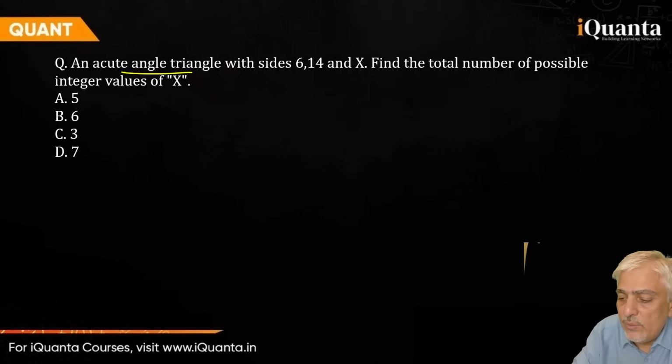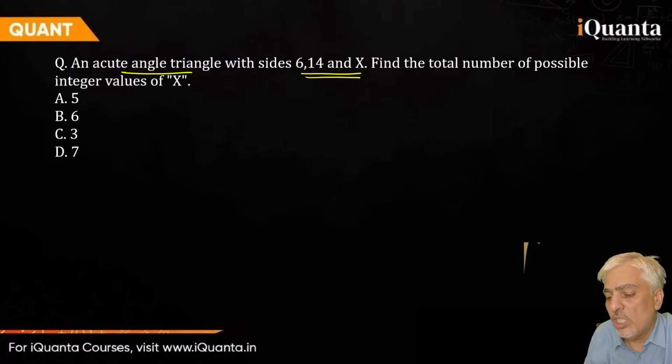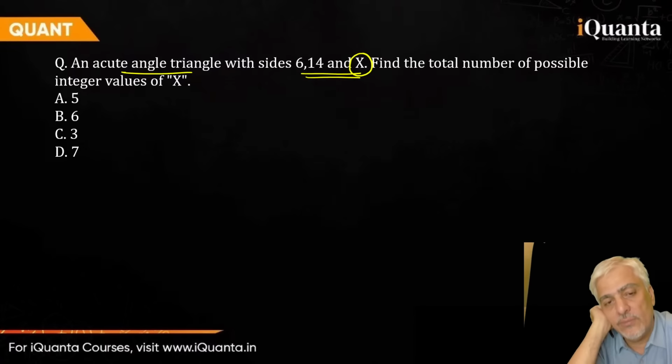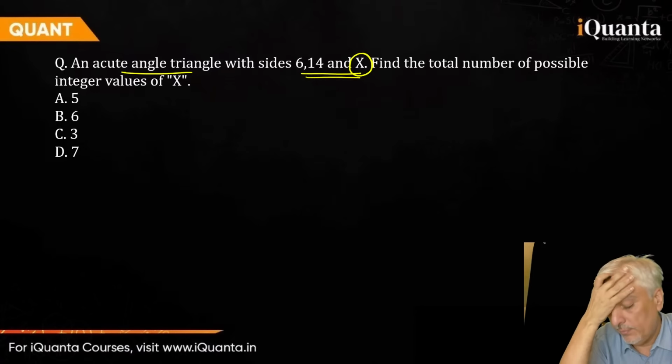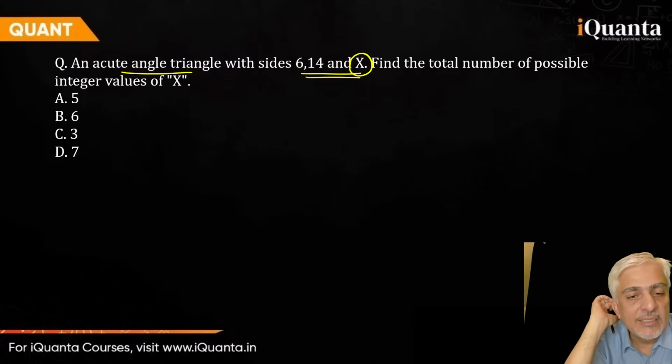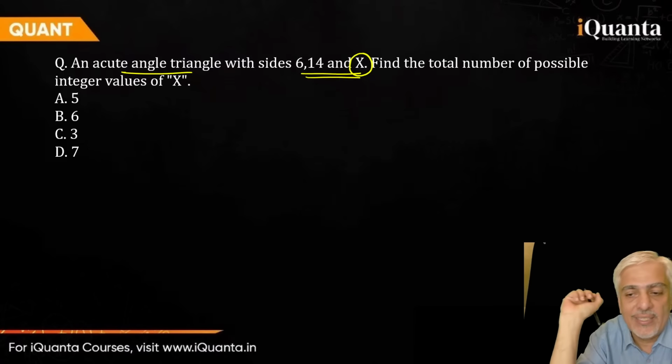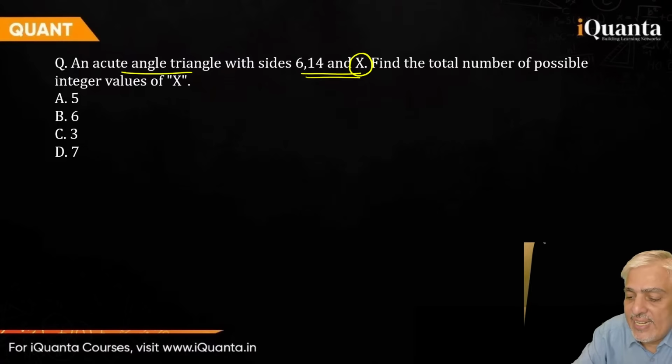Acute angle triangle with sides 6, 14 and x. Find the total number of possible integral values of x. They haven't said x is the largest side. X can be smaller than 14 also. But remember, sum of two sides has to be greater than third. That property has to be valid. So let's take cases over here.